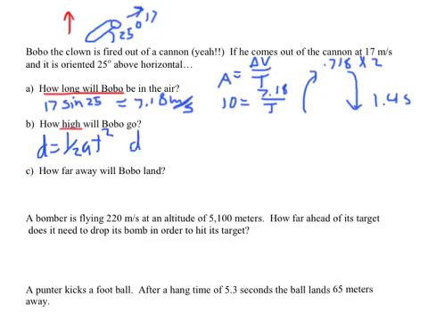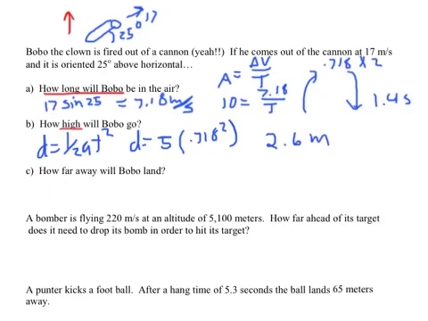So d is going to equal 1/2 of a, which is 5, times the time value, 0.718 squared, because that's how long he was going up for. And when I do that, what I get is that he goes a whopping 2.6 meters.